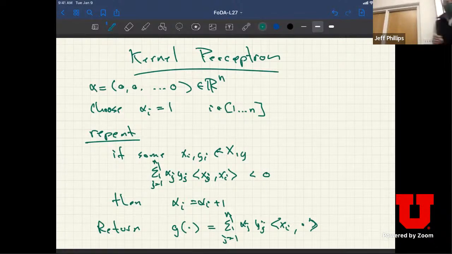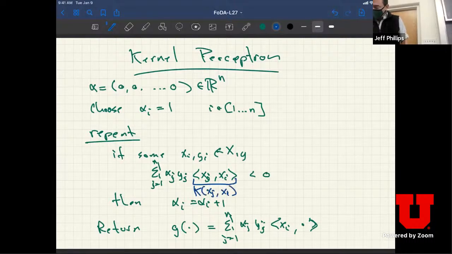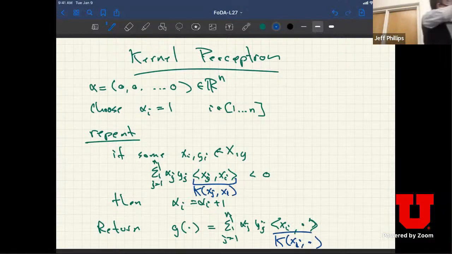Every time I did an inner product between two of the objects, I can replace this with k of x_j, x_i, where this is k of x, x_i. All right, and this is how I can build a nonlinear classifier.